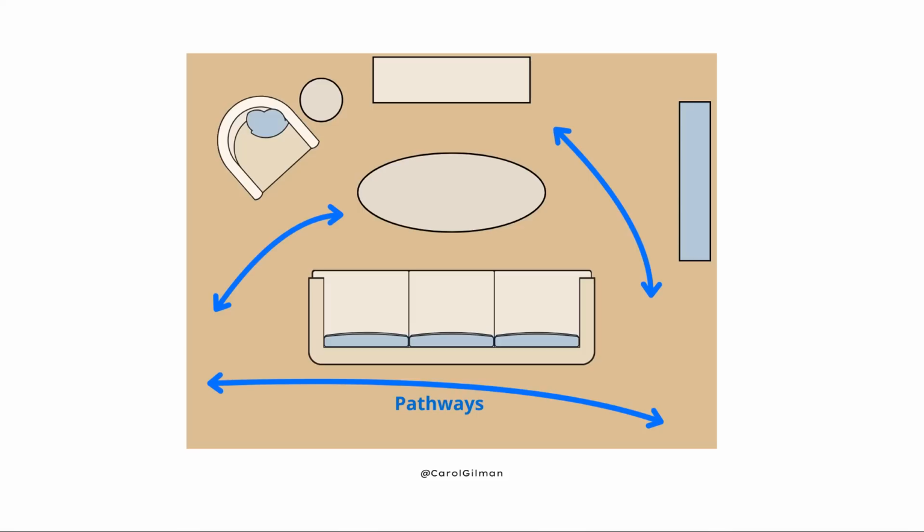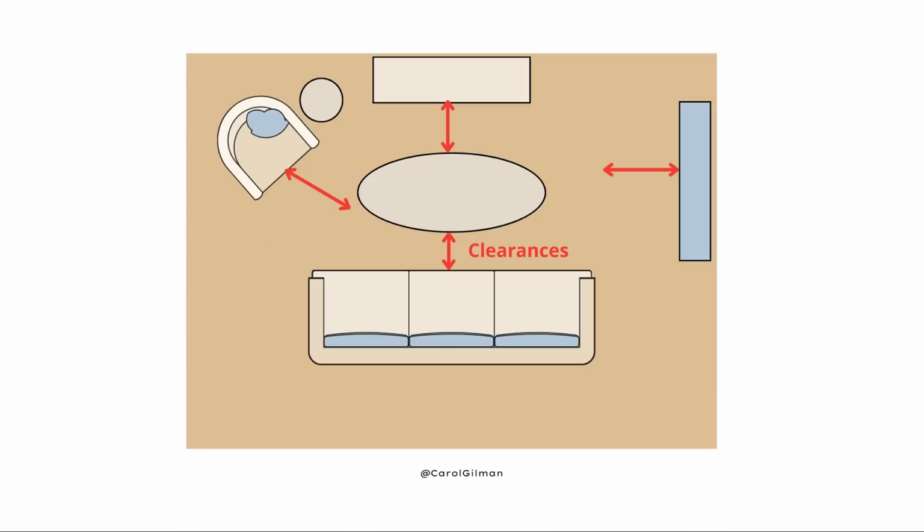We also want to set aside space around the furniture. We could call that clearances around a piece of furniture, because we need that so that the piece of furniture is going to be functional. For instance, having space in between your coffee table and your sofa is negative space, open area that's free and clear of anything.